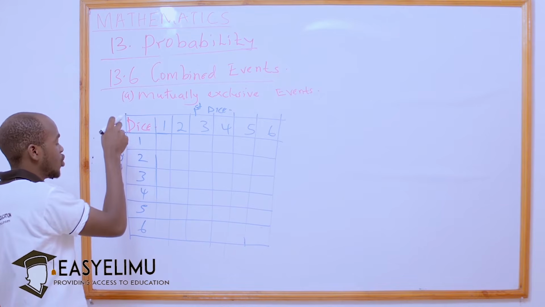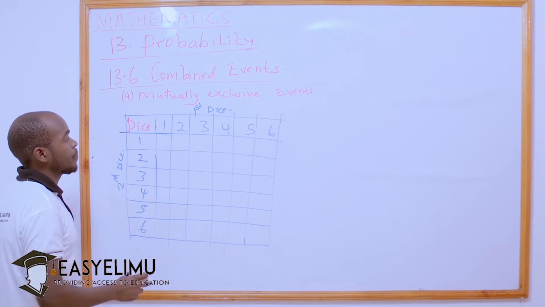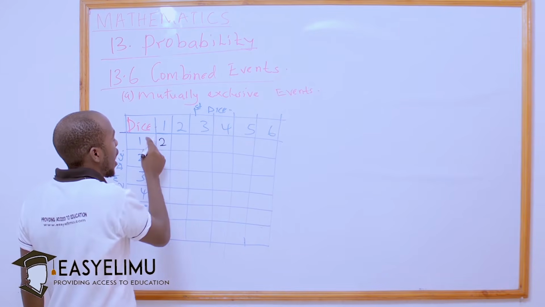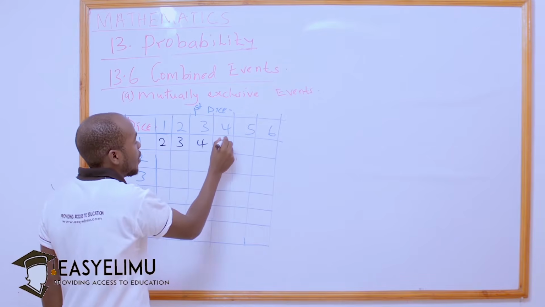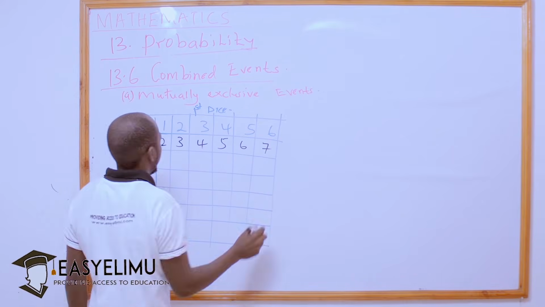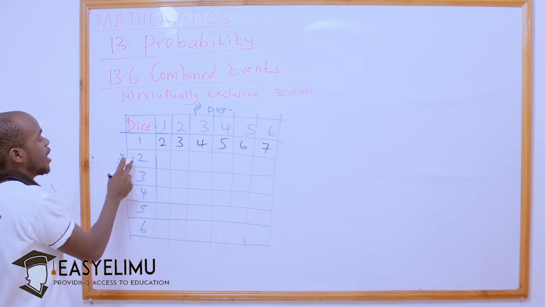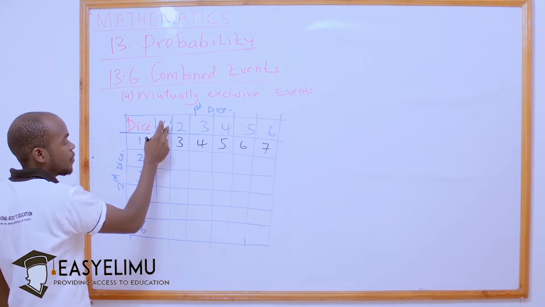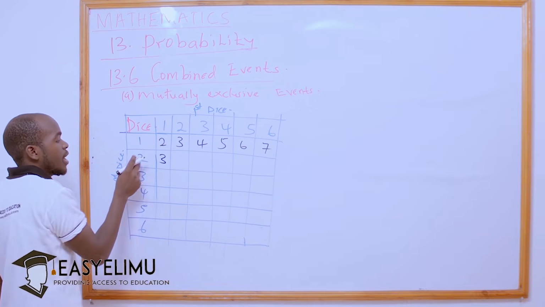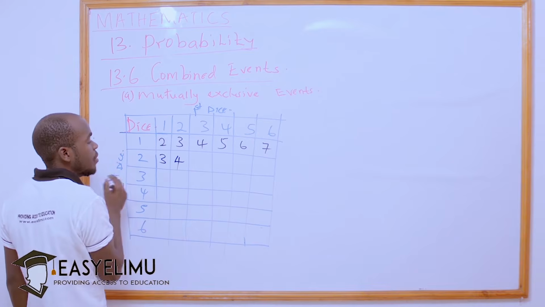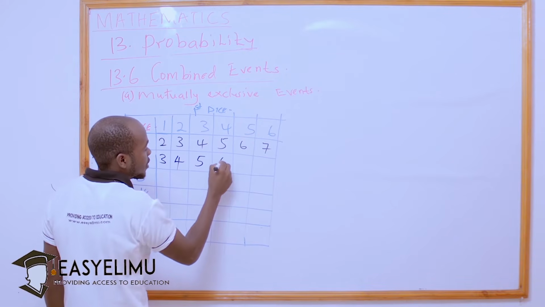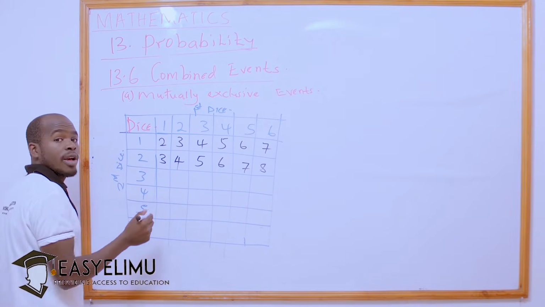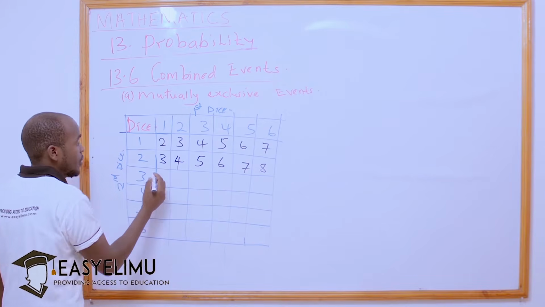If the second die shows face 1 and the first shows 1, we shall find a sum of 2, and that one will continue as we have here. The same applies to this. If the second die shows face 2 and the first one shows face 1, the sum will be 3, and when the other one shows 2, it will be 4, here 5, 6. As we continue, you will find out by filling the table. Please help me fill the table.